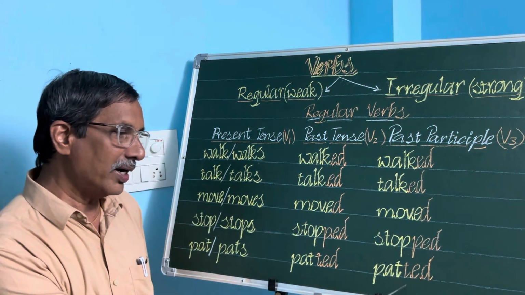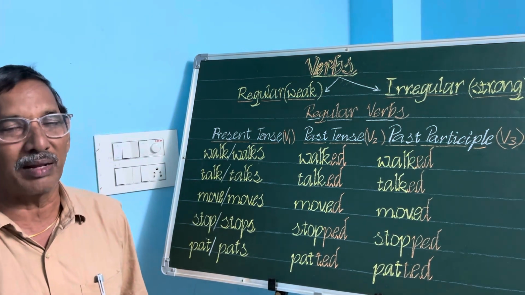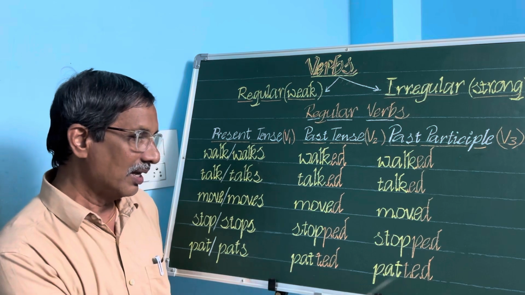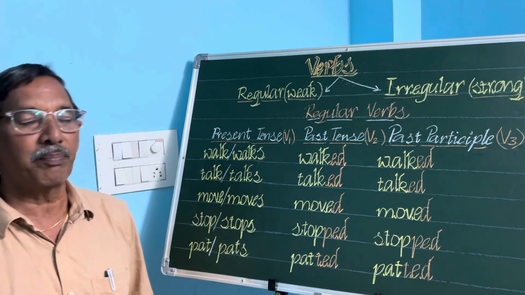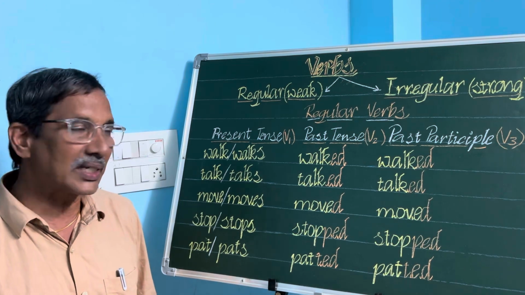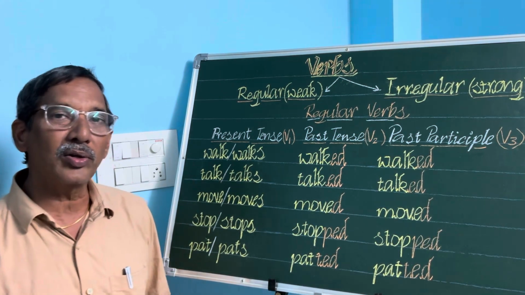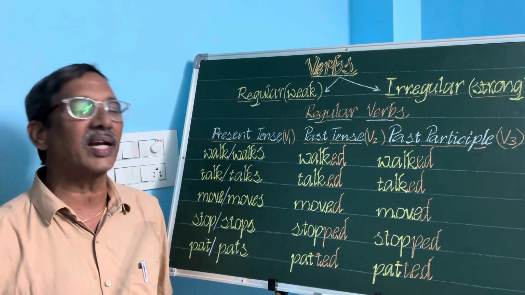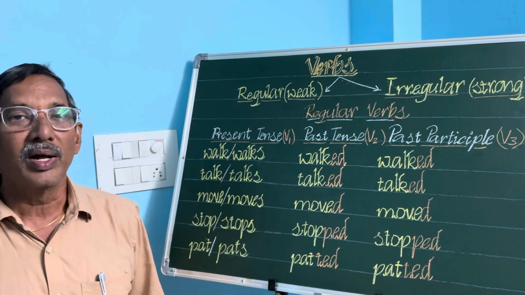The past participle form is also patted, and patting is the present participle form, V4. So you can collect as many regular verbs as possible.